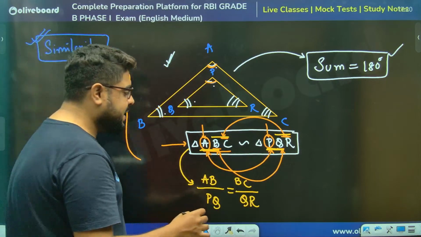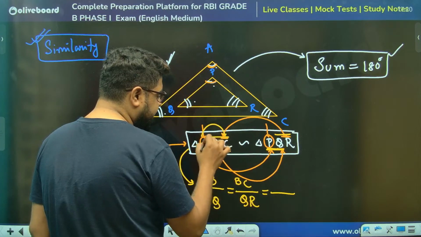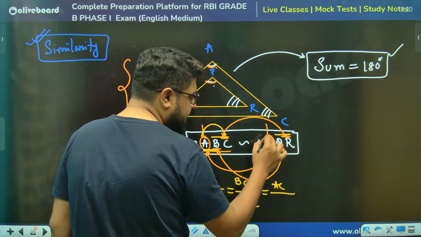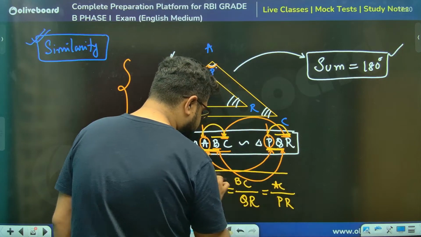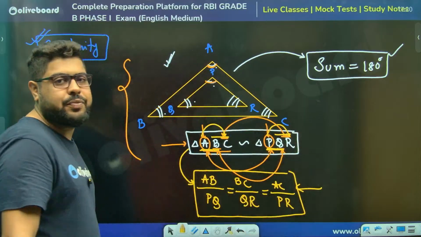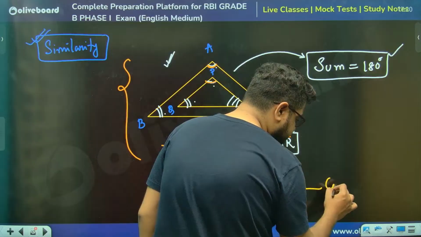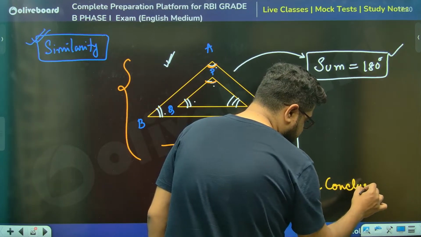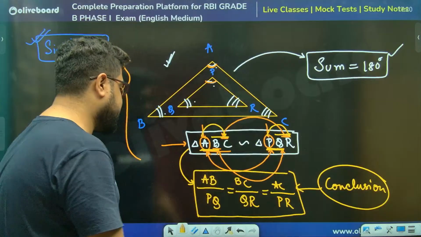Not only this, you can conclude furthermore. Take the first and the third, AC, the other side, and the same thing here, PR. This conclusion I can most definitely draw. This is the conclusion for similar triangles. Now, please understand the advantage of what I've told you.